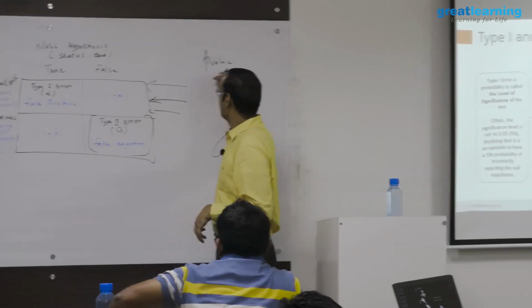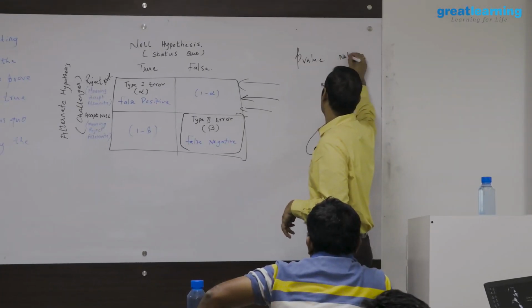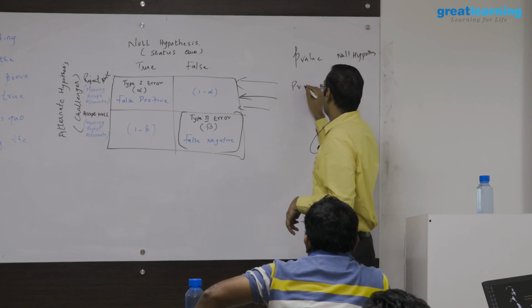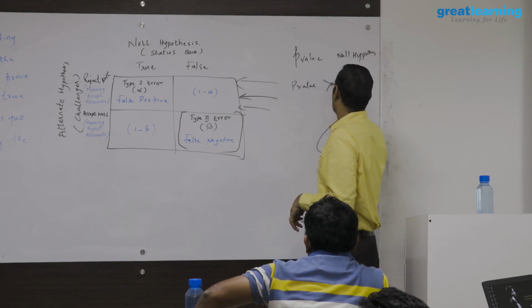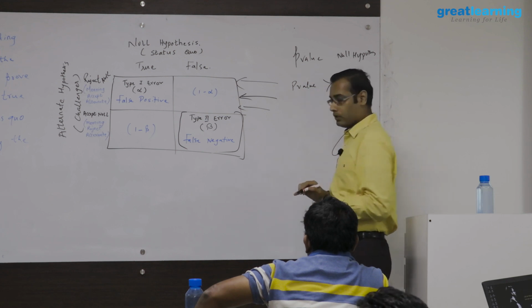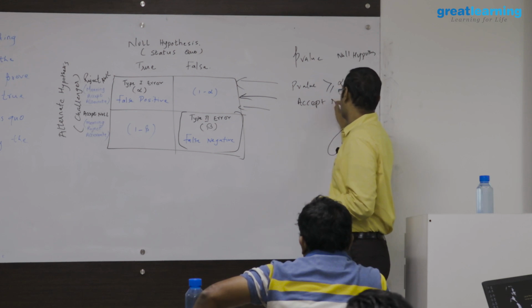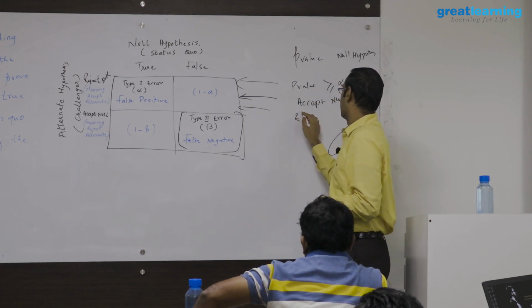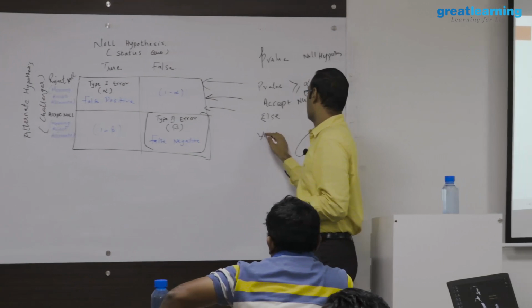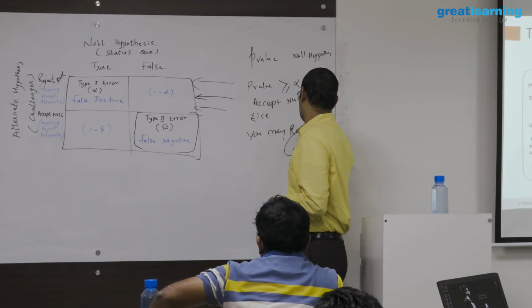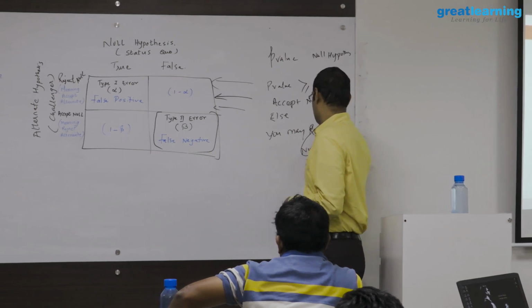This p-value is always for the null hypothesis. If p-value is greater than or equal to alpha, accept null, else we typically don't say reject null, you may reject.